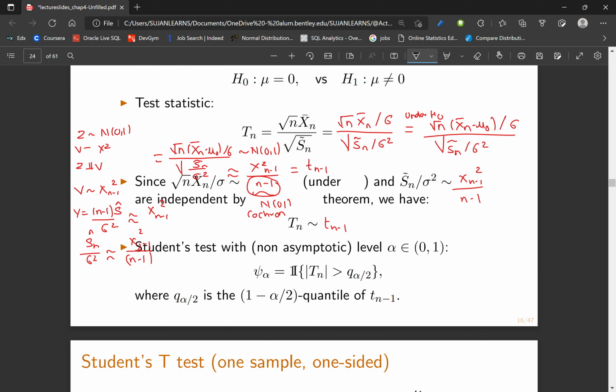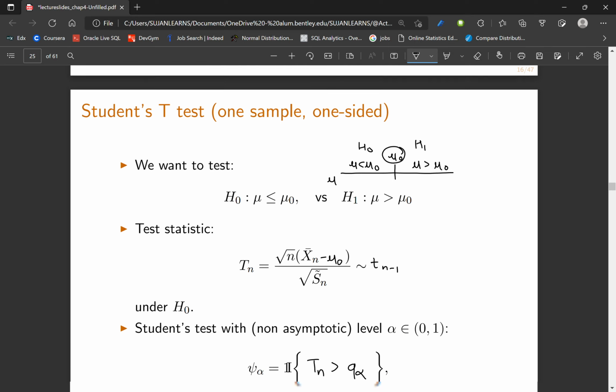This is the method we use: under the null, this is X̄n minus mu 0 divided by Sn over square root of n, and under mu 0, mu is equal to mu 0, and that's why we can divide both numerator and denominator by sigma, and then onwards we do the manipulation and bring it to where the numerator is a normal distribution and the denominator is a chi-square distribution divided by n minus 1, and then we can say that this is the Student distribution.